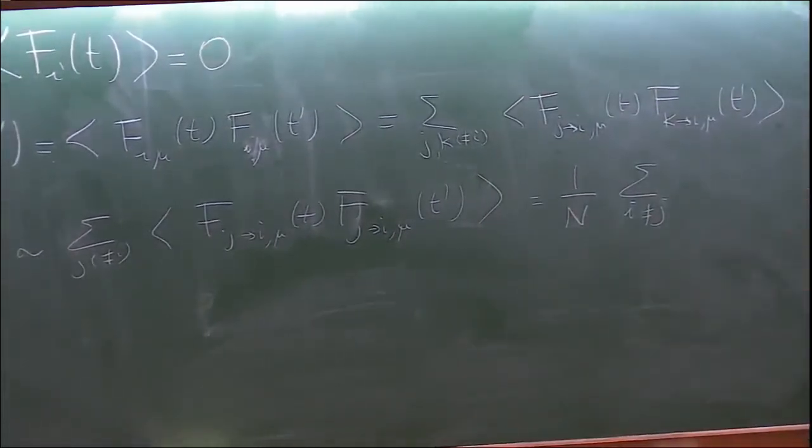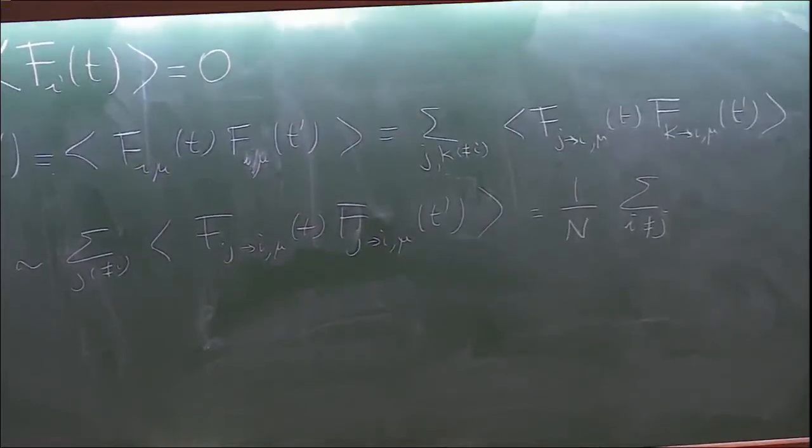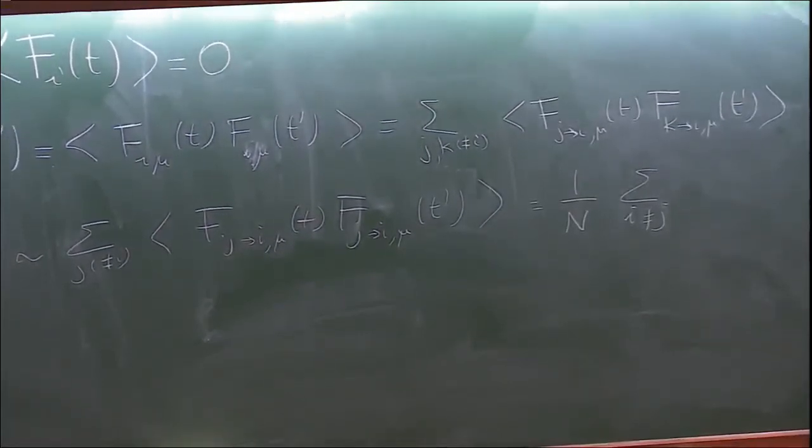I agree. But if the particle i is not moving and all the other particles are moving, each of them eventually is going to be everywhere. So on average, this is an average over all possible realizations of the dynamics. The particle j can be everywhere because it's a liquid.